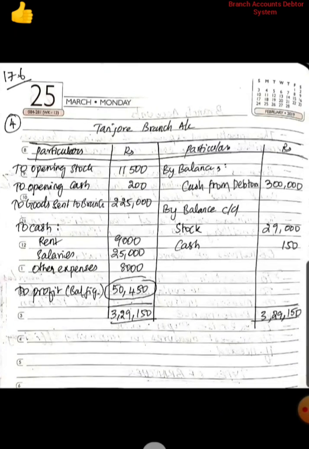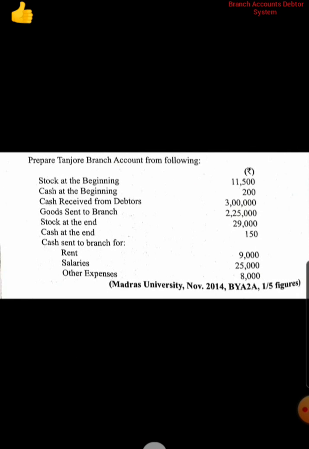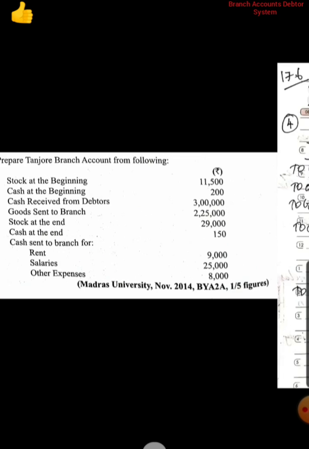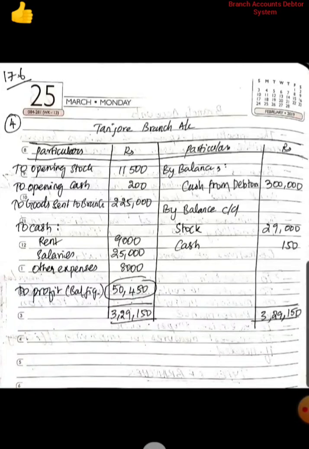Again it will go to the credit side, stock and cash, that is closing balance of assets. And then we have cash sent to branch for rent, salary and expense. All three things, 9,000, 25,000 and 8,000, will be recorded on the debit side.